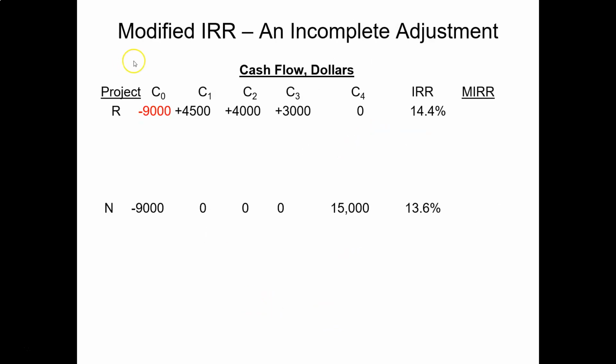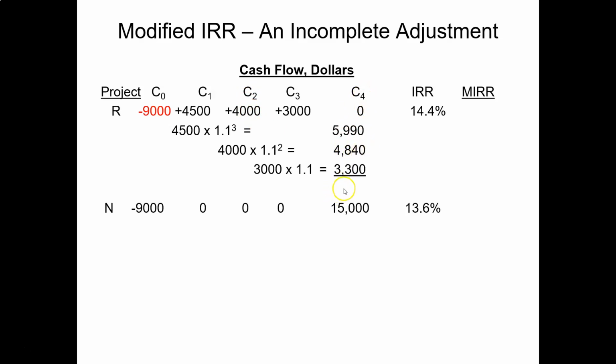For this example, if we reinvest the cash flow in year 1, it will be $5,990 in year 4. If we reinvest the cash flow in year 2, it will be $4,840 in year 4. And if we combine all the cash flows in year 4, it will be $14,130.